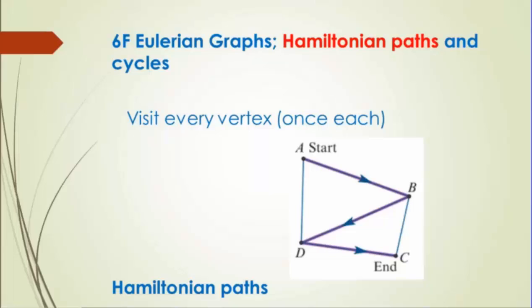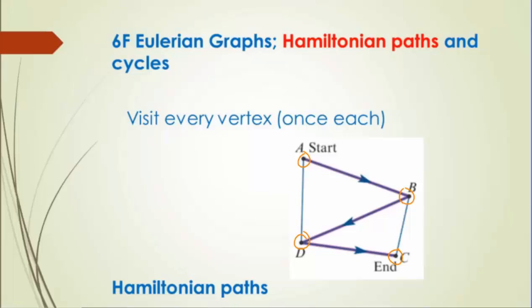Ideally, you'll go to each suburb once and once only. Here's an example of Hamilton towns. 1, 2, 3, 4. Don't have to do that. So this is what Hamilton studied, how you can visit all the places on a network once only, and whether you can or not.